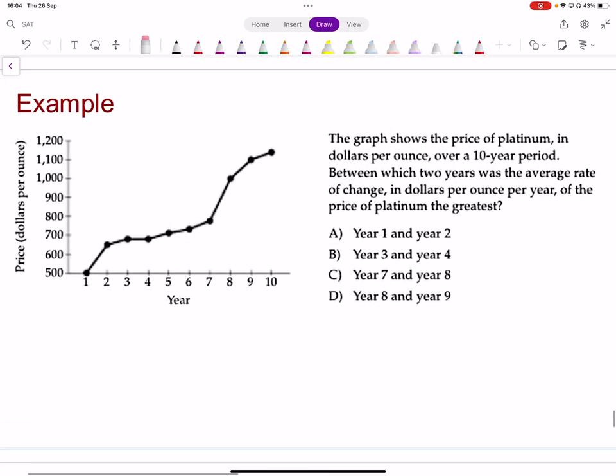Okay, now you have a line graph. The graph shows the price of platinum in dollars per ounce over a 10-year period. Between which 2 years was the average rate of change, in dollars per ounce per year, the greatest? Dollars per ounce, that's the vertical axis; year, that's the horizontal axis.